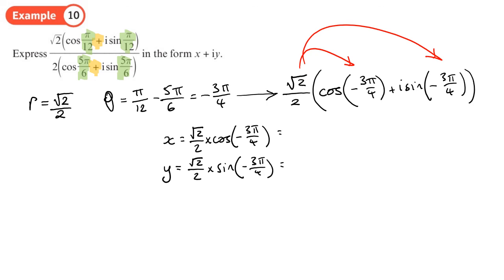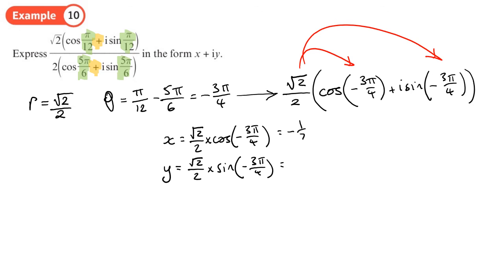So let's work out what we get. So root 2 over 2 times cos negative 3 pi over 4, and I get negative 1/2.